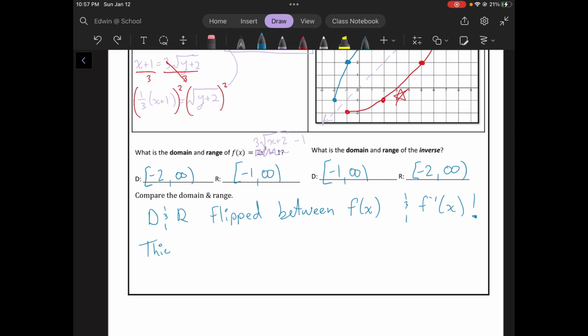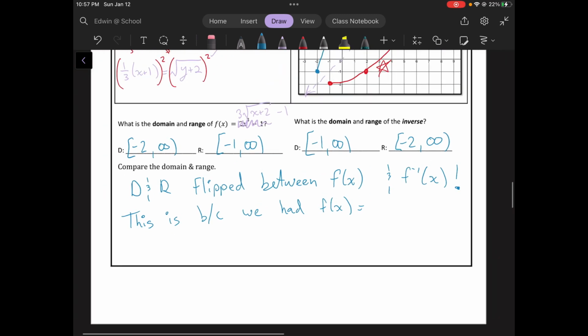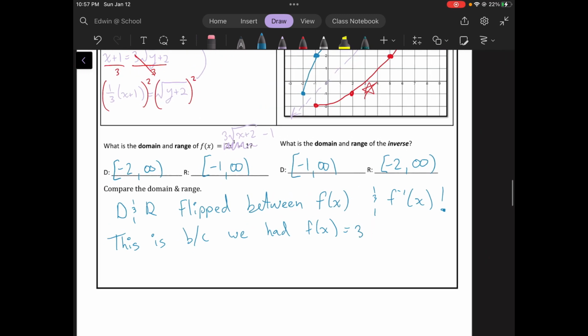And the reason there's no inequality with the domains and ranges is because we had f of x is equal to 3 times the square root of x plus 2 minus 1 first.